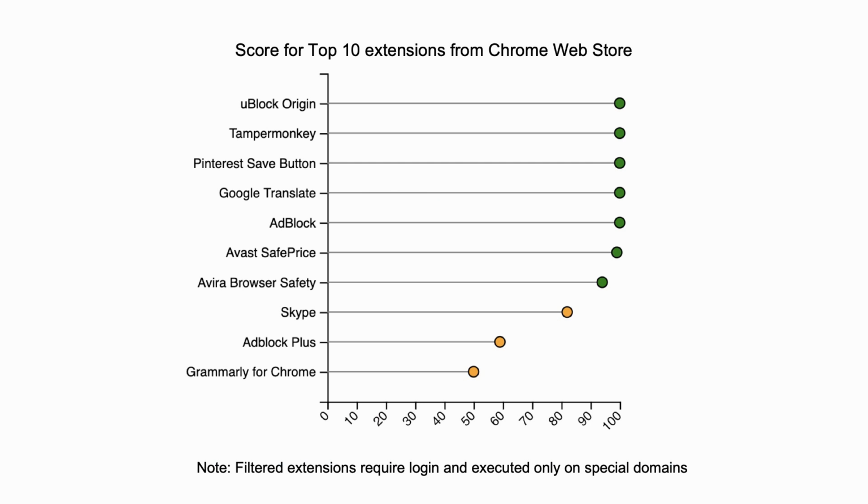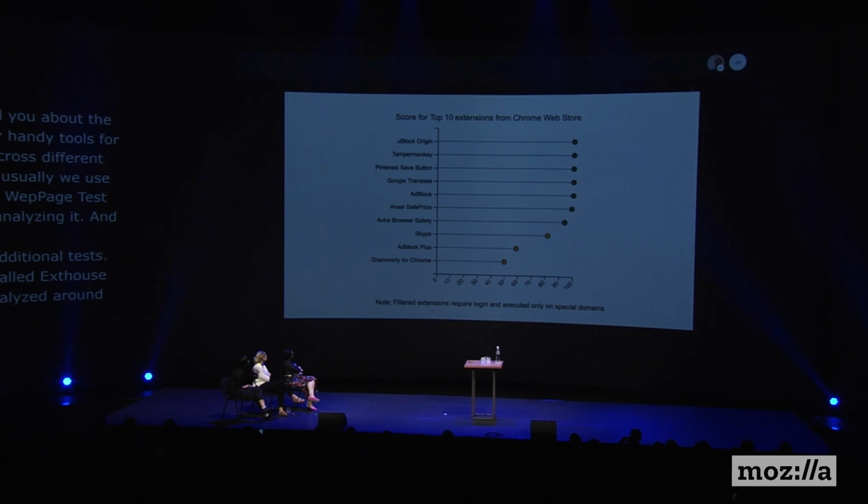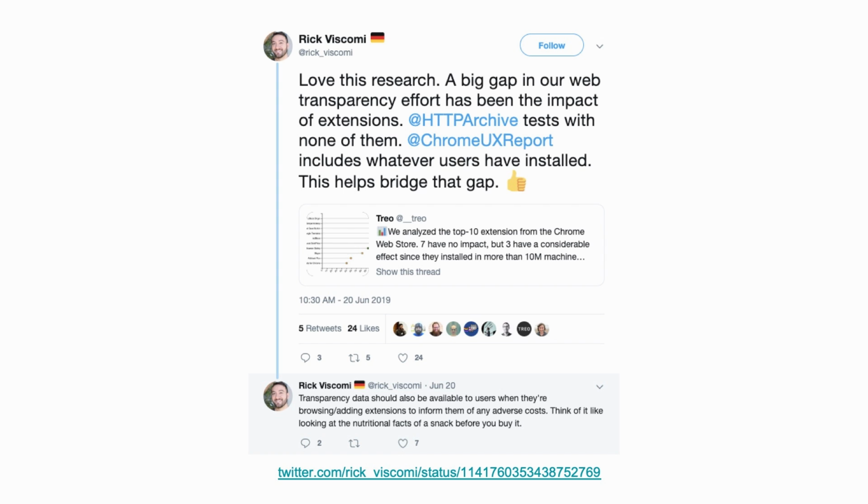We've done some analysis of the state of Chrome Web Store extensions, and most of them are good, but three of them show really not so good performance, and each of them has 10 plus million users, so it's really affecting them.